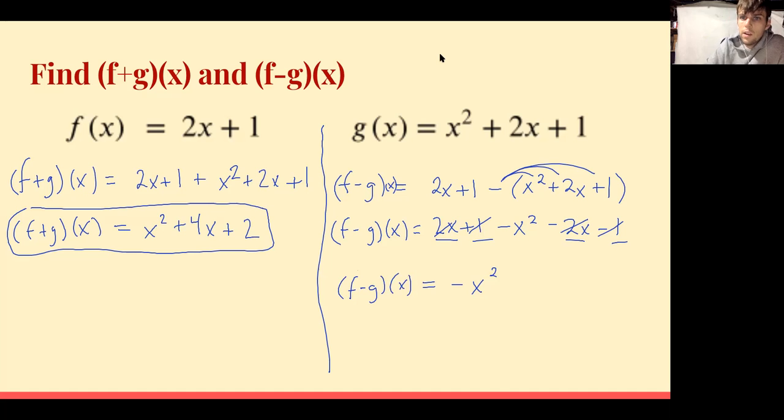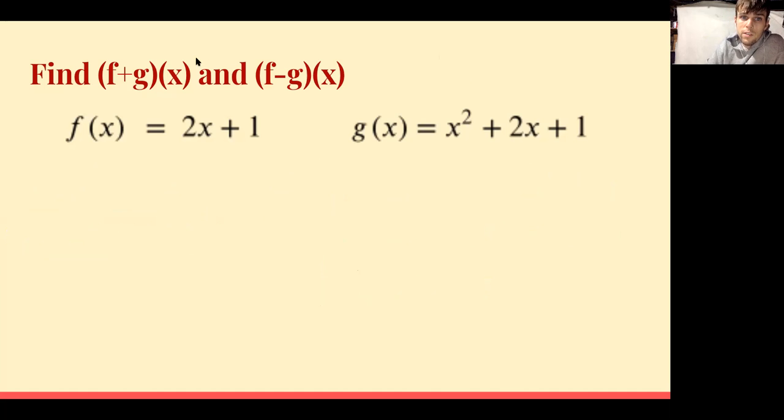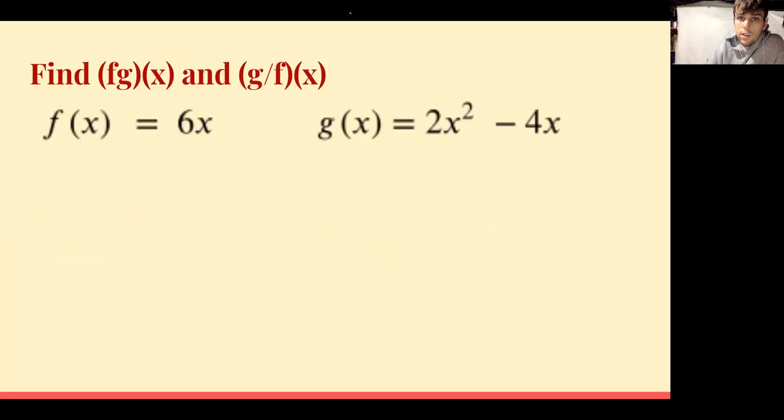All right, we'll clear those away, and we'll look at some quotients and products. So here we have two functions, and we are going to find the product and the quotient of these two functions. So first, f times g of x. That just means we're going to take these and multiply them together. So we're doing 6x times the other function.